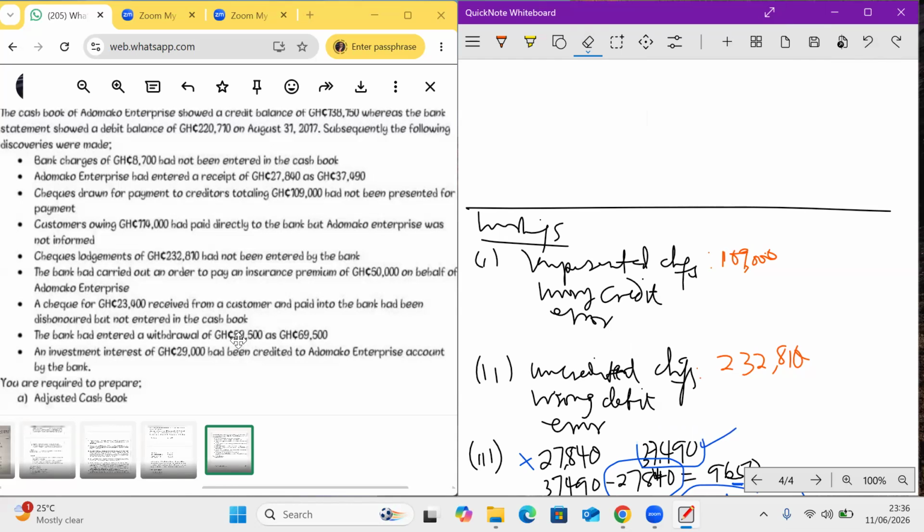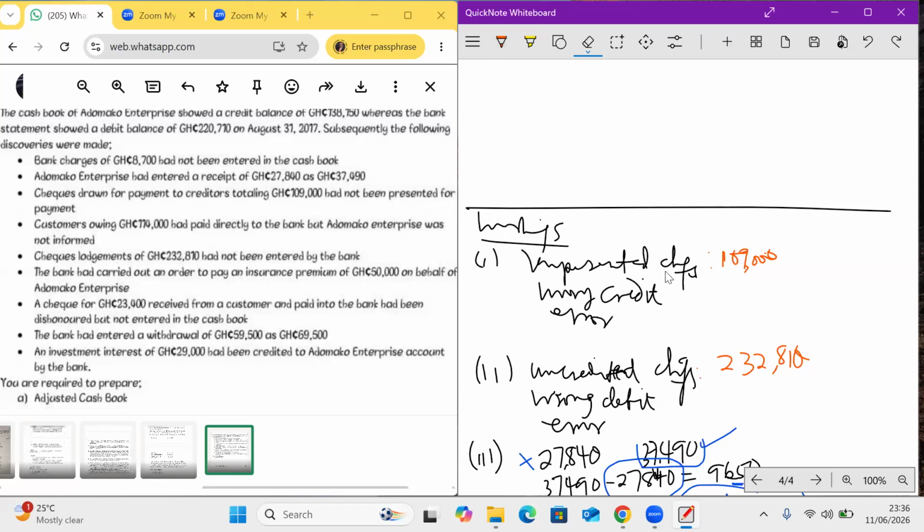If you debit 59,500, will you get 69,500? No. You credit it, you add more to it. Credit is add, debit is deduct, subtract. So the bank credited the 59,500 to obtain 69,500.